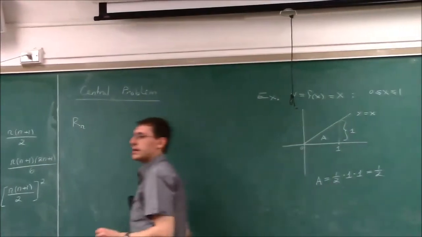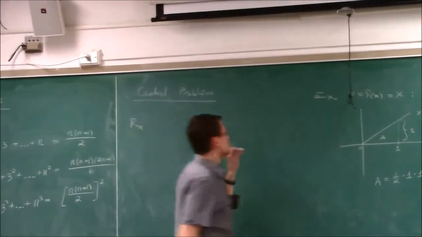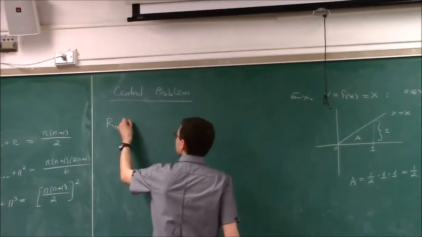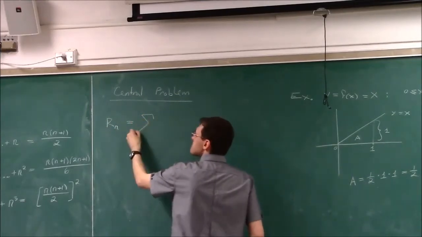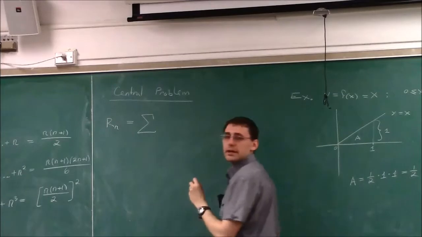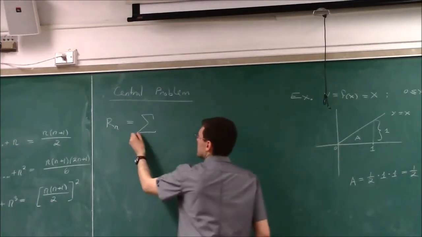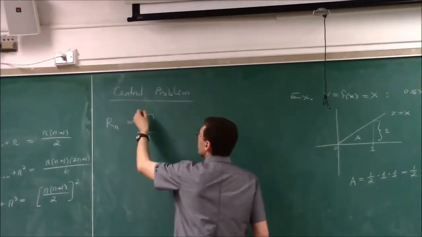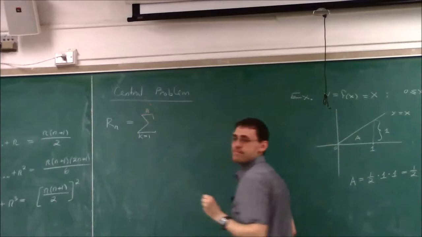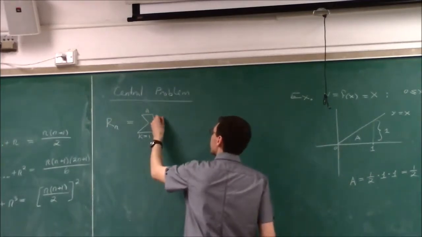So how do I write R sub n? Approximation by n rectangles. So that is the sum of how many areas? N areas. So it's the summation from k equal to 1 all the way to n of what?